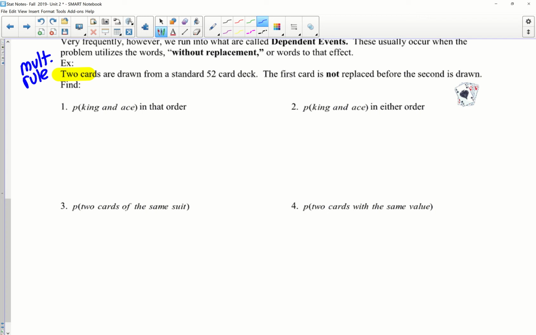So probability of a king and an ace in that order. Now, this is a key phrase here. In that order is implied, based off notation.